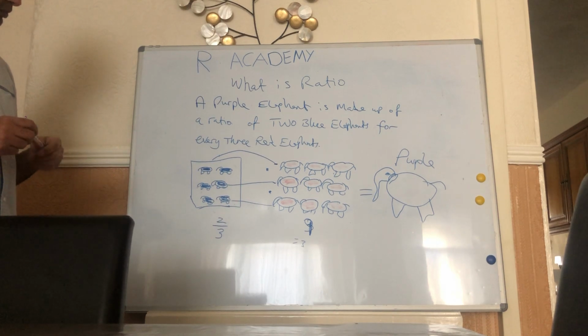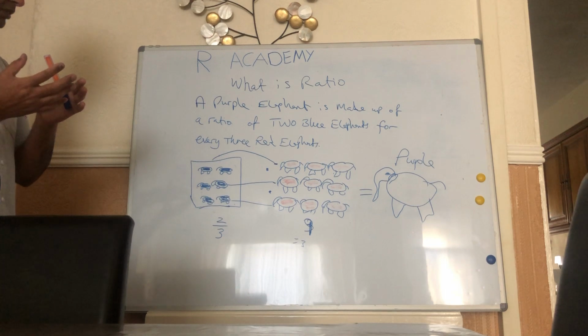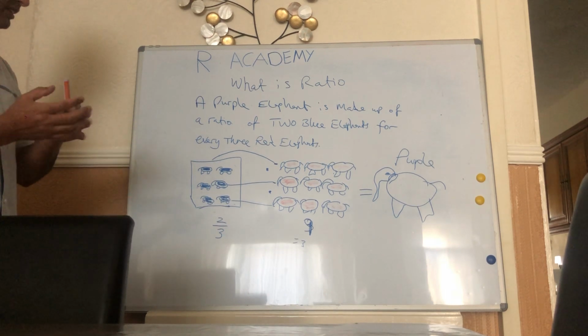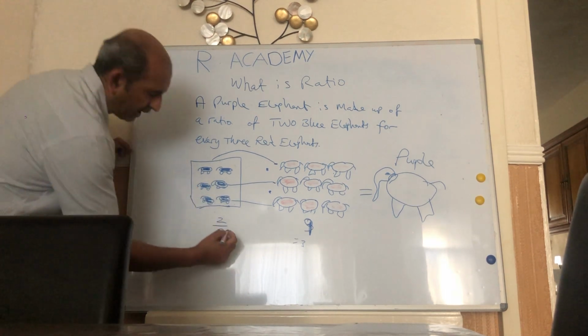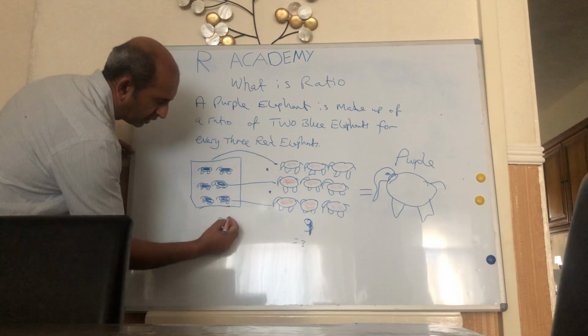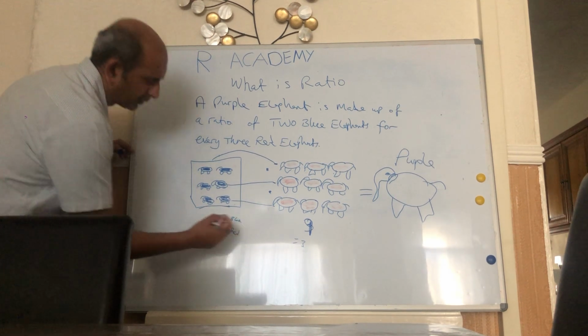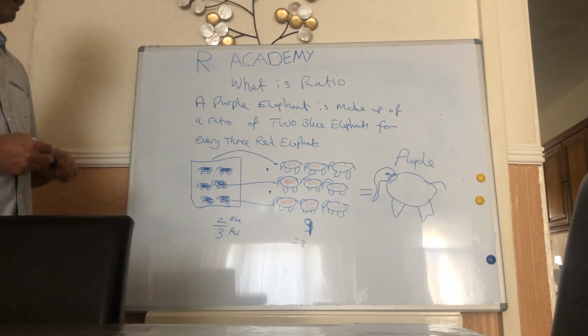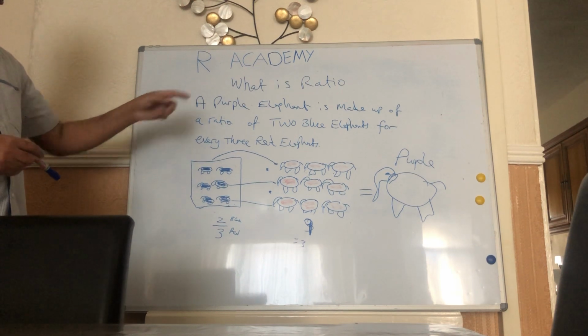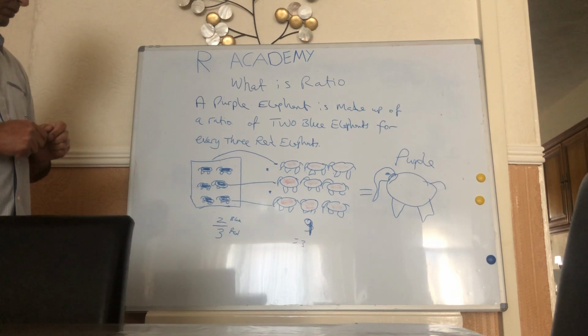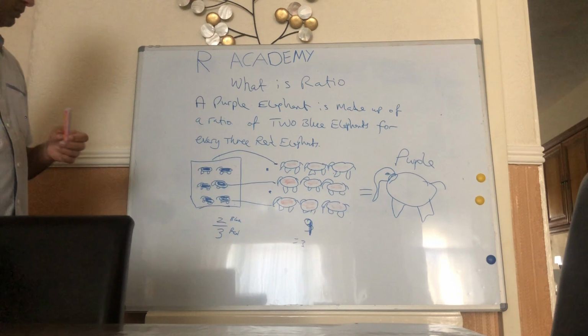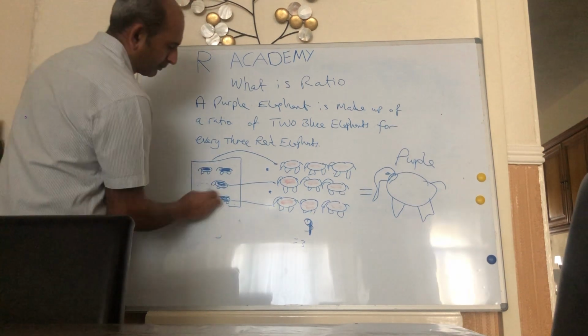So for every 3 elephants, which are red, so that would be your red, and this would be your blue. So that would be the fraction represented for this ratio. Okay.